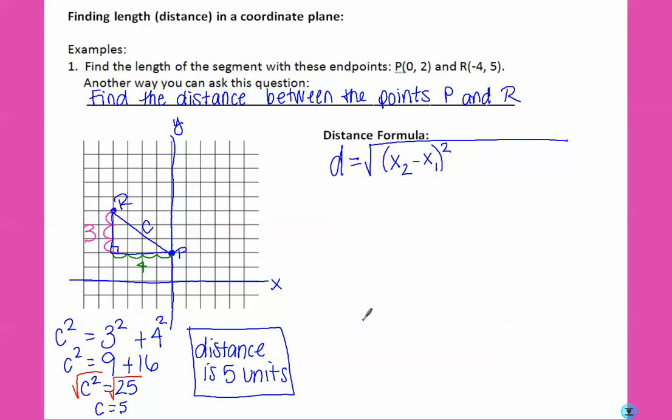Let's look. Our x distance, the x from where R was to where P is, that's your x2 minus x1 part, and we squared that number. Plus, we had a plus sign right there, y2 minus y1 squared. This is dealing with our vertical side of our triangle.